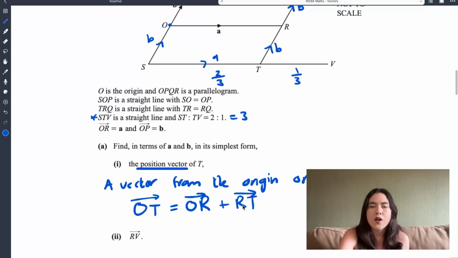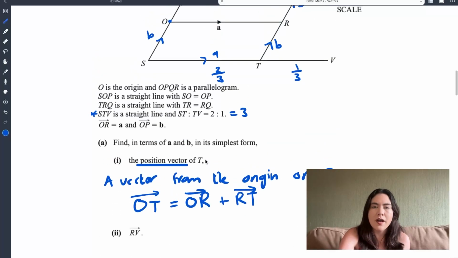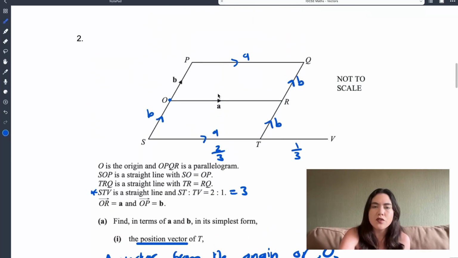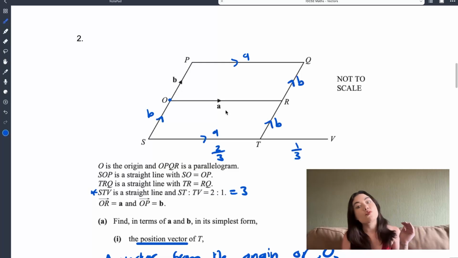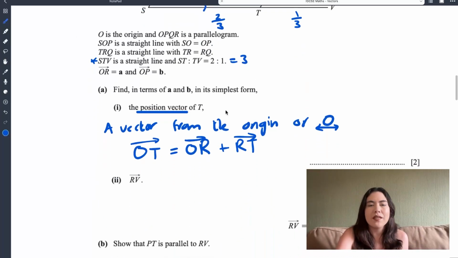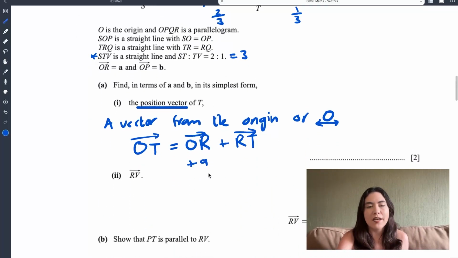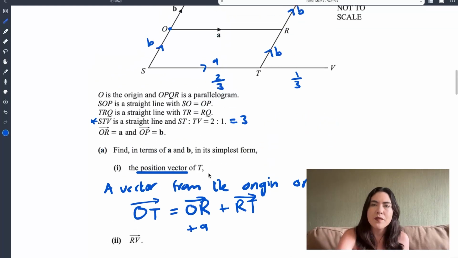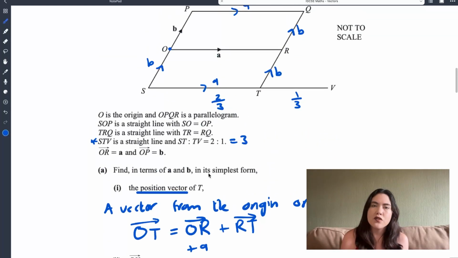Okay, so what is O to R? Now, we established that O to R is equal to A, and we are going in the right direction. So we can say positive A. Now, you don't have to write the positive. I'm just writing the positive so that you can understand the difference between positive and negative. Okay, now we've got our first encounter of us going against the line.